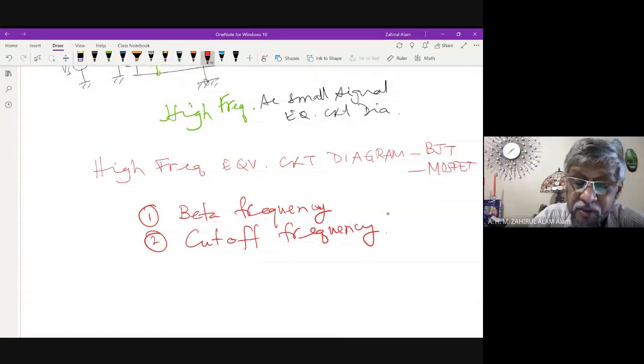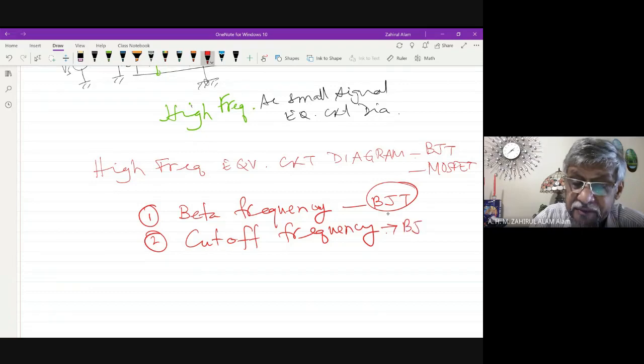So beta frequency is only for BJT. Cutoff frequency is for BJT and MOSFET.